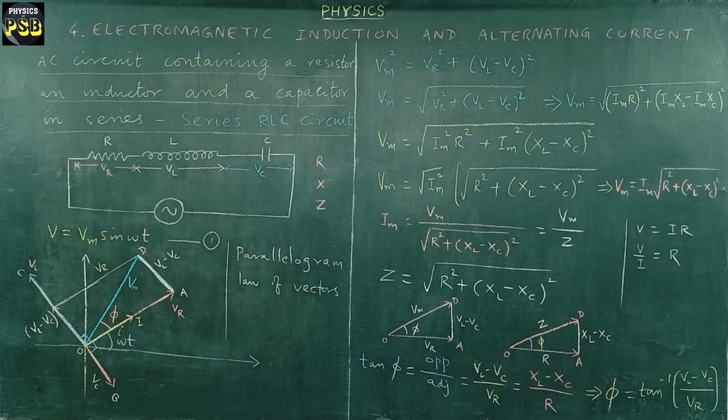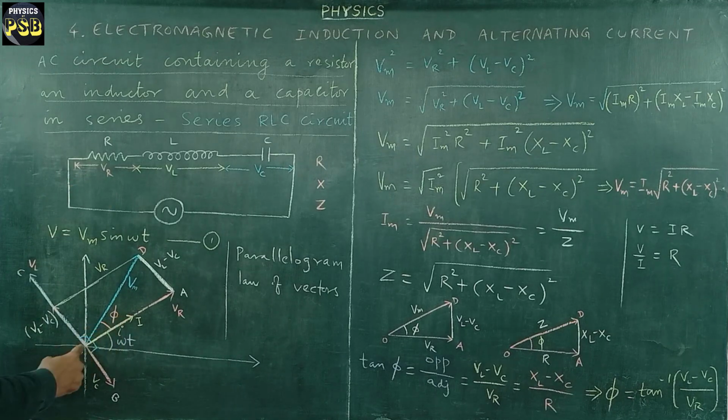Now let's go ahead. To study this RLC circuit connected to an AC source, I take a phasor diagram. In the phasor diagram, I have drawn a line OI, which represents current I. This is a phasor which represents current I in the circuit.